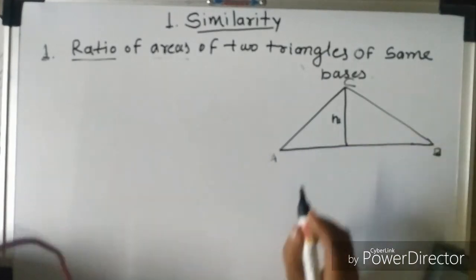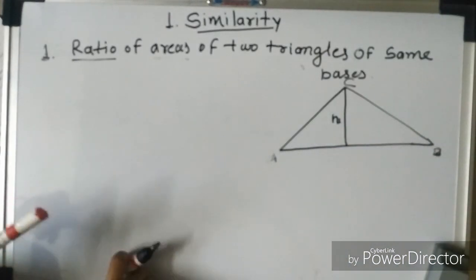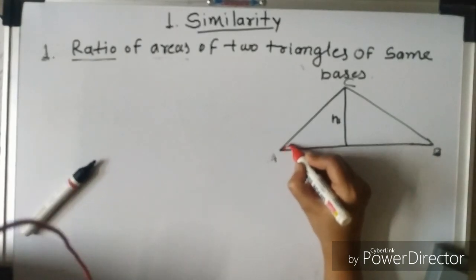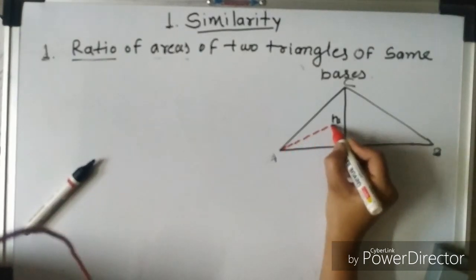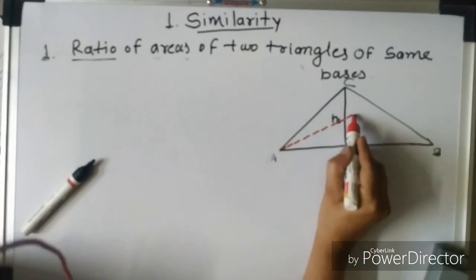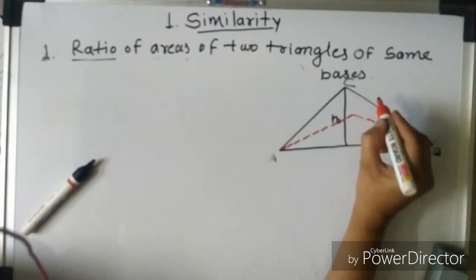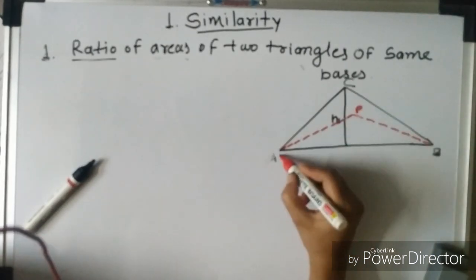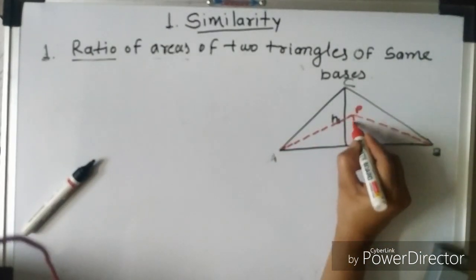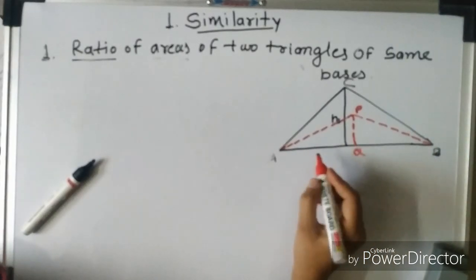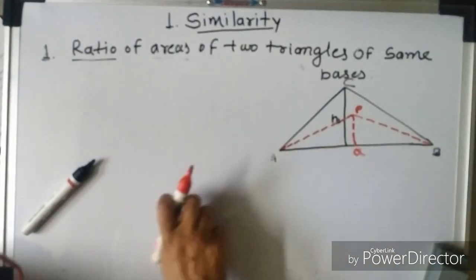and the next triangle is APB of height PQ.